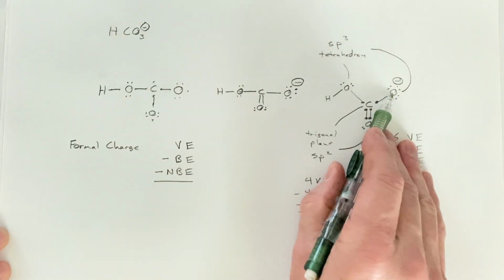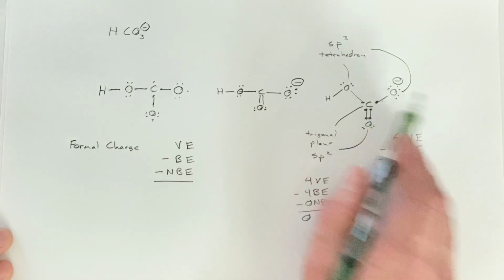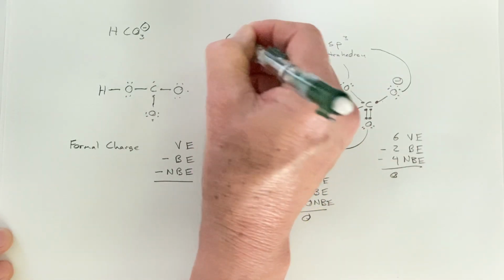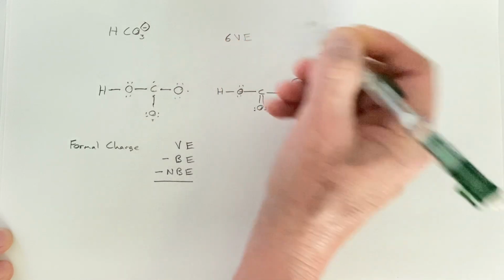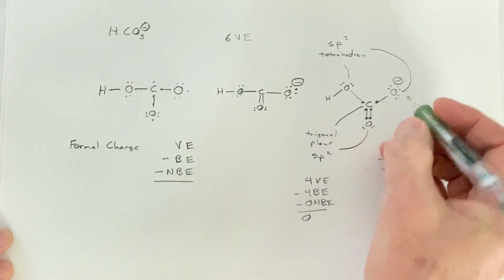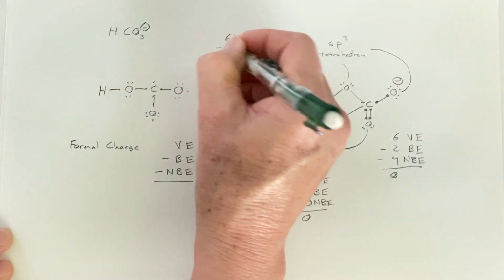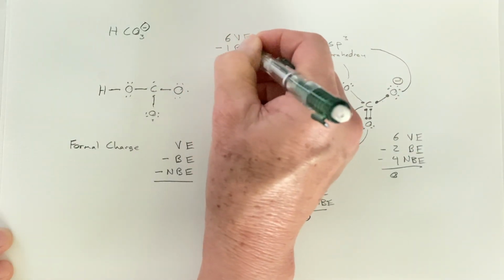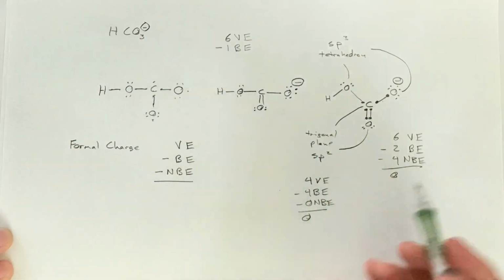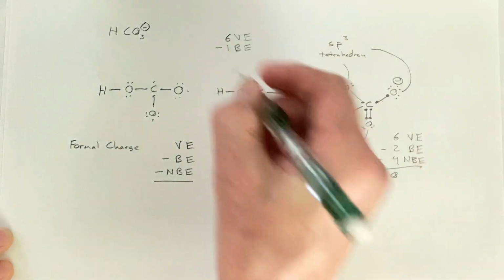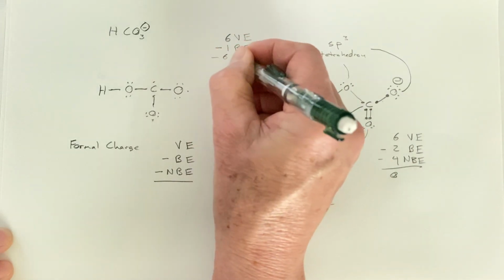Let's look at the formal charge on this oxygen atom. Again, we know that oxygen has 6 valence electrons. In this bond, oxygen owns 1 of these electrons. So it has 1 bonding electron. And then we see oxygen has 1, 2, 3, 4, 5, 6 non-bonding electrons.